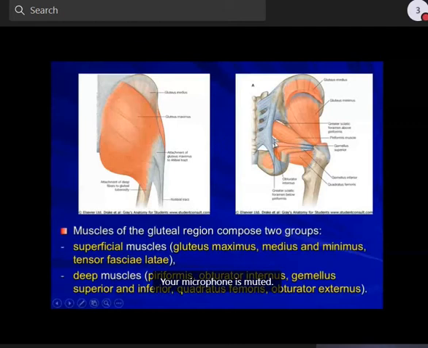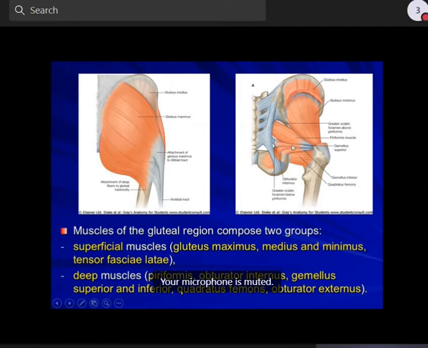You know that the lesser sciatic notch is limited superiorly by the ischial spine and inferiorly by the ischial tuberosity. And here starts the gemellus superior, which starts with the ischial spine, and gemellus inferior originating from the ischial tuberosity.